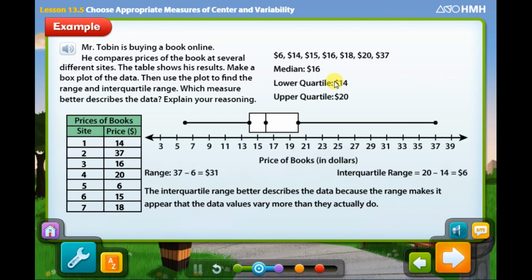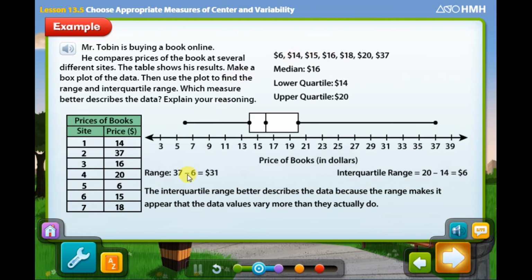Now let's compare which of these values describes the set of data better than the other. I said the number that describes the data best is the number that describes the center of the data. 20 and 14 are in the center of the data, right?